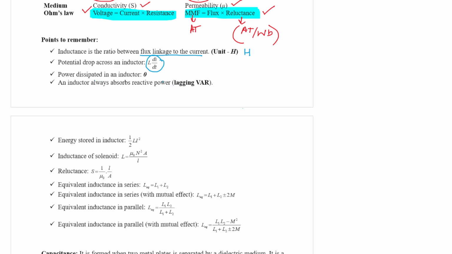Now for power dissipated, one is active power P and another is reactive power Q. In case of active power, it is 0 for an inductor. For reactive power, an inductor always absorbs reactive power, which is called lagging var. That means if an inductor is there, it always takes reactive power.